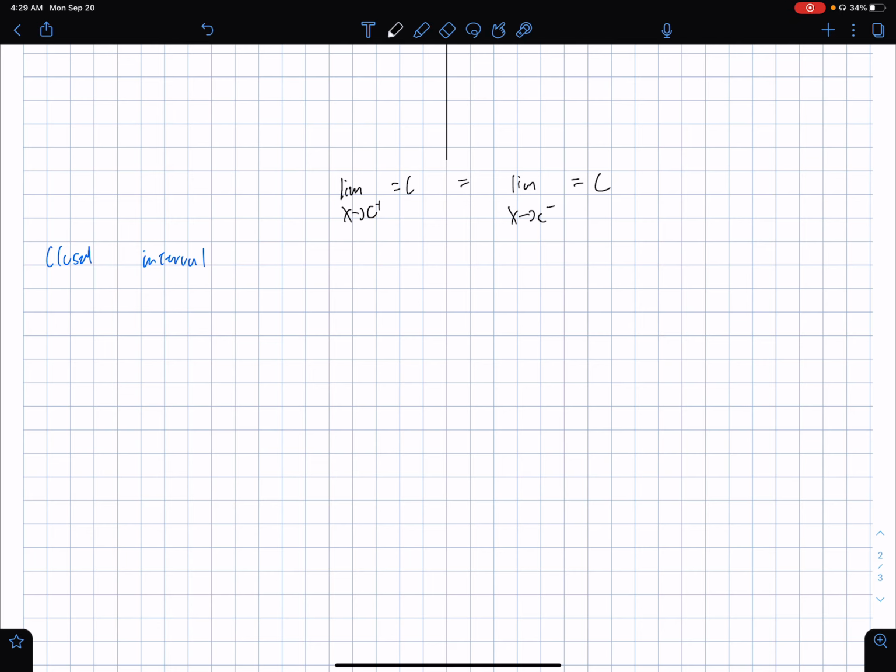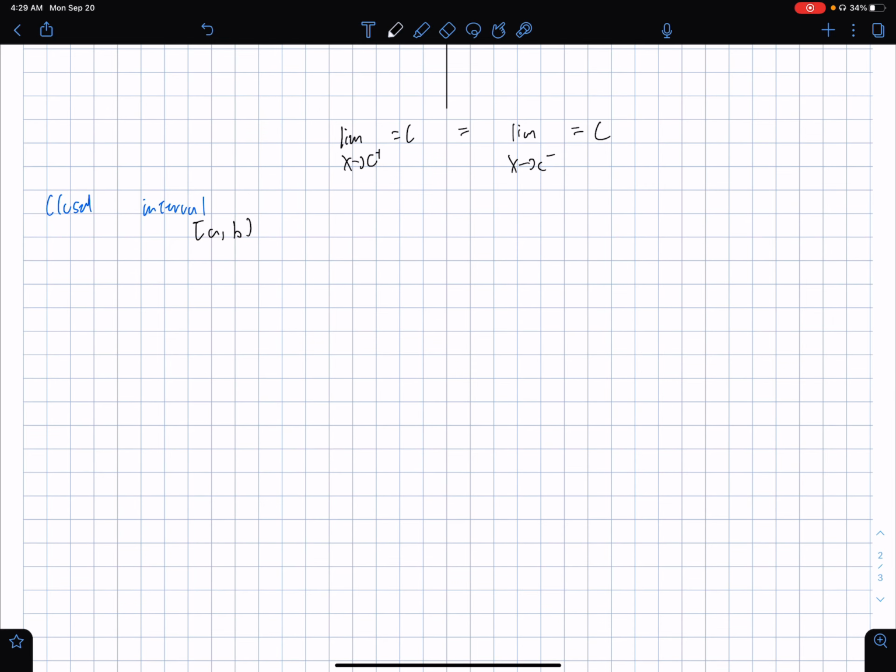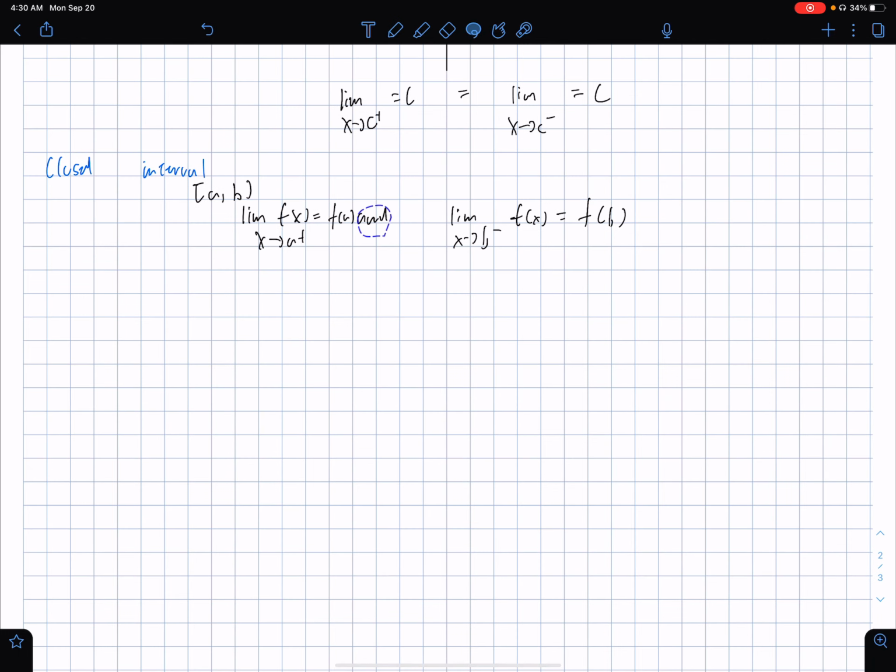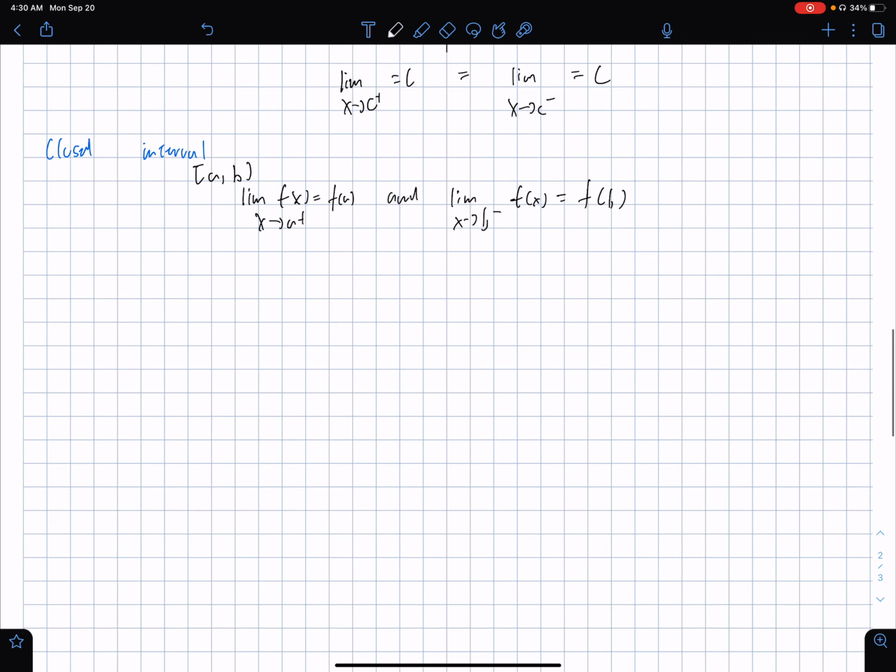If a function is continuous on the closed interval a and b, the limit of f(x) as x approaches a plus equals f(a), and the limit as x approaches b minus of f(x) equals f(b), then the function is continuous from the right at a and continuous from the left at b.